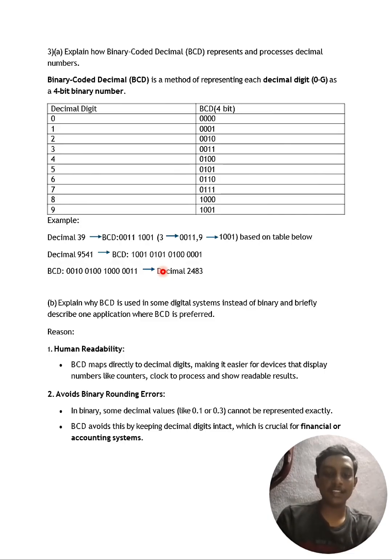BCD maps directly to decimal digits, making it easier for devices that display numbers, like counters and clocks, to process and show readable results. It makes it easier to convert between binary and decimal because each digit is stored and processed individually.